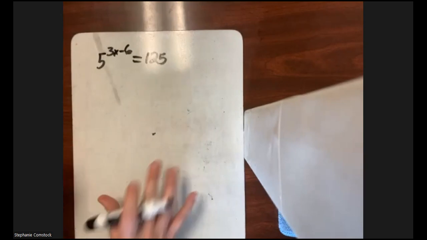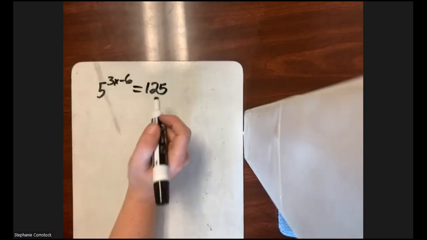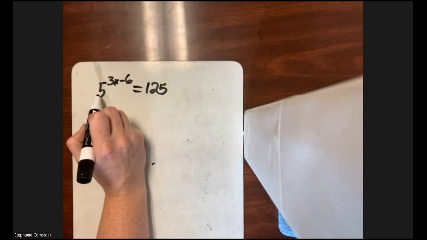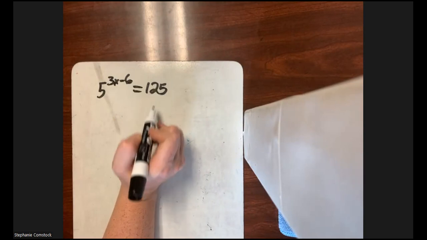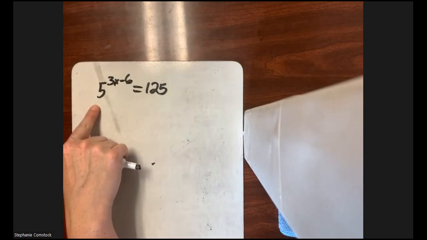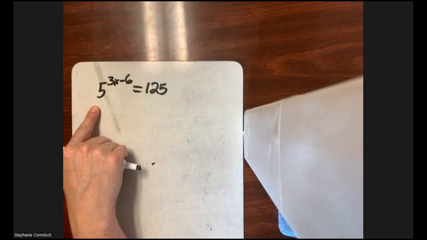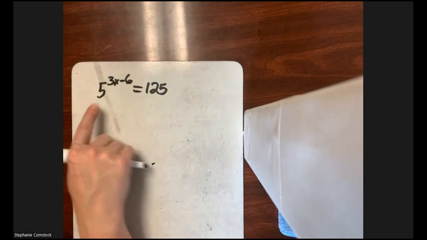Okay, so here's what we've got. We're not going to send 5 up to try and get to 125. We want to take this 125 and bring it down so that it has a base of 5. So we start thinking about powers of 5. 5 to the first is 5. 5 squared is 25. 5 cubed is 5 times 5, which is 25, times 5, which is 125.